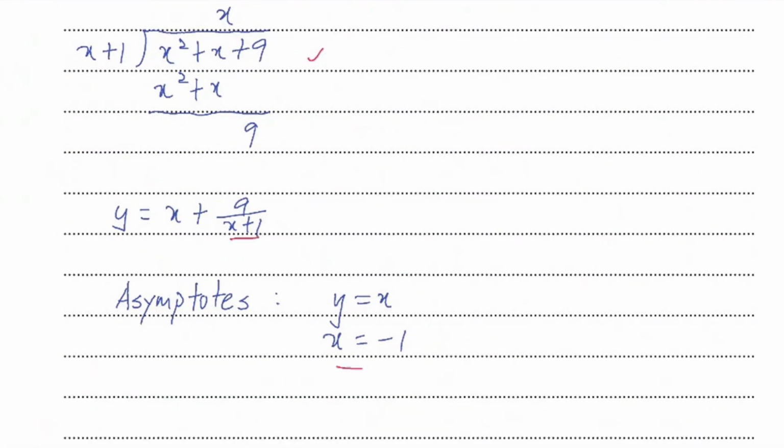We have a vertical asymptote, looking at the denominator x plus 1, so this is the asymptote x equals -1. Another one is this term here, which is not part of the reciprocal term, so that will become our oblique asymptote. These are the two asymptotes that we obtain.